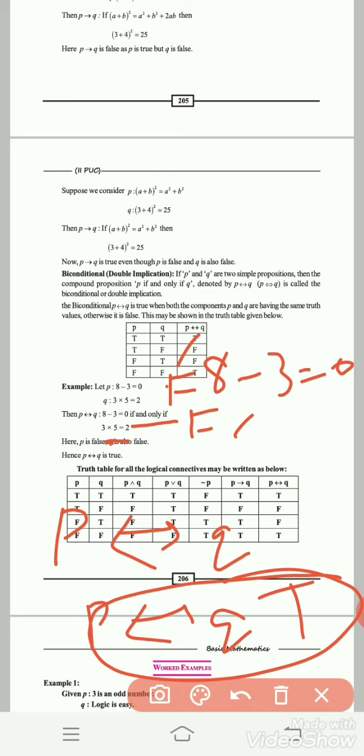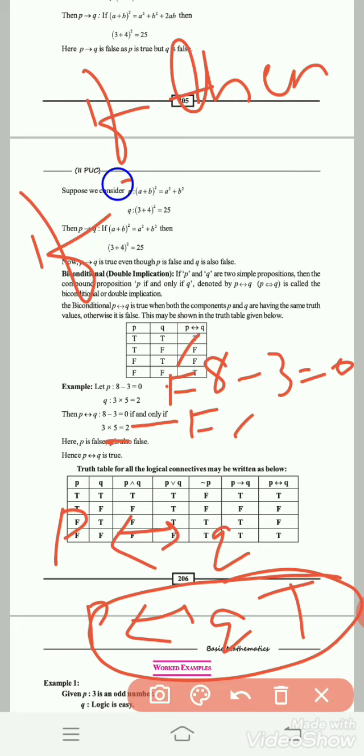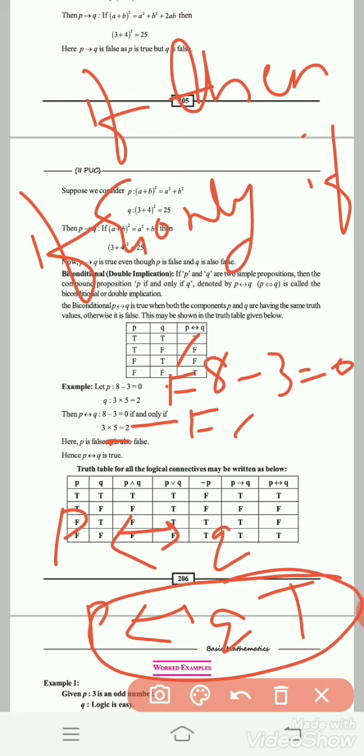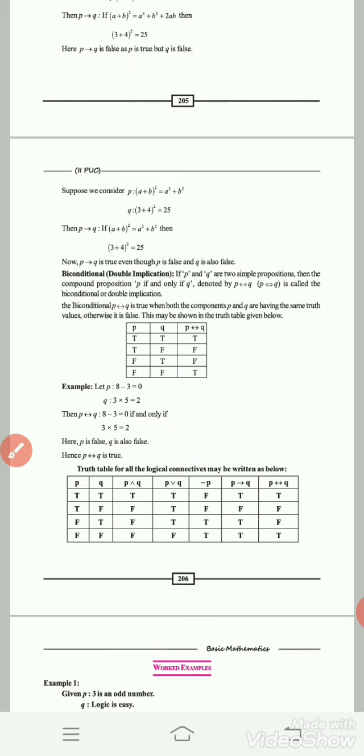Conditional means if, then. Biconditional means if and only if. You have to remember this one. If then means conditional. If and only if means biconditional. Now, you have studied the 5 logical connectives.